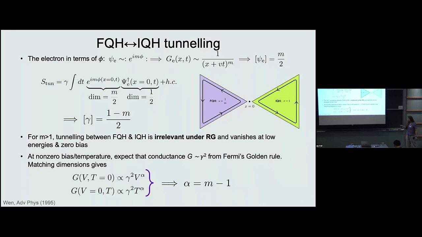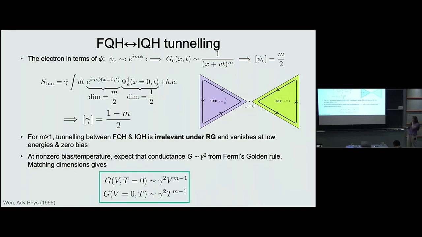And it turns out it's just m minus 1. So you can show that conductance scales as V to the m minus 1 or T to the m minus 1. So this is like an experimental prediction, essentially.